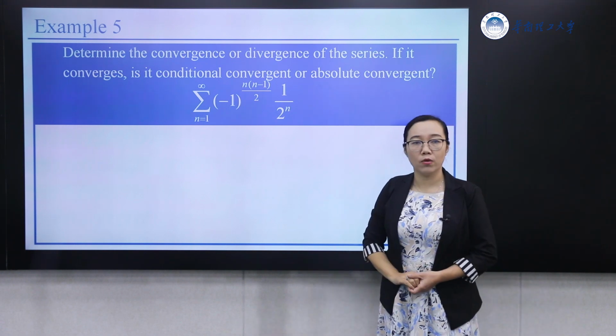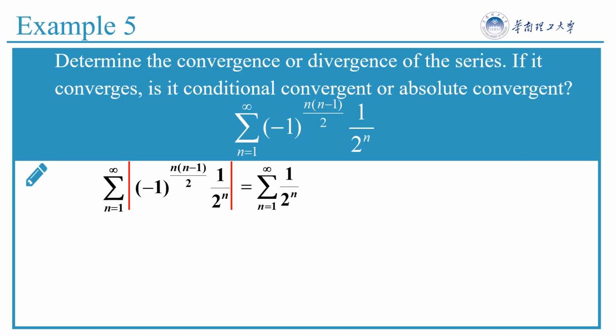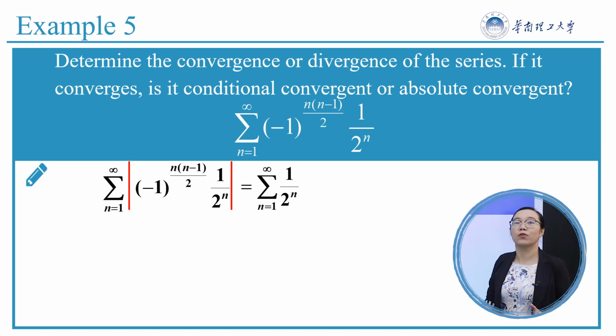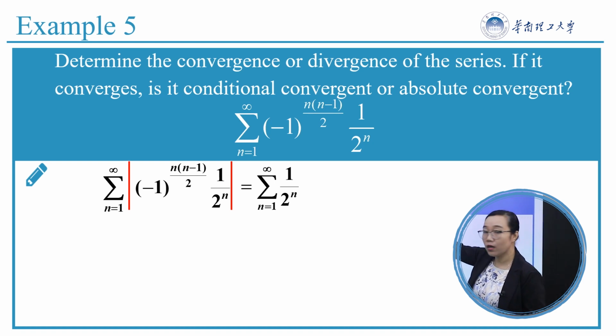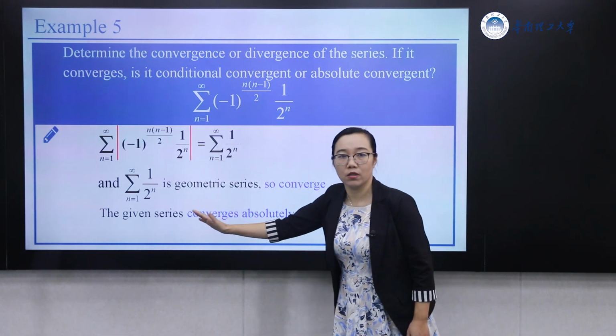If it converges, please pay attention when we transform the term of the series. It equals the summation of 1 over 2 to the power n, since the summation of 1 over 2 to the power n is the geometric series.